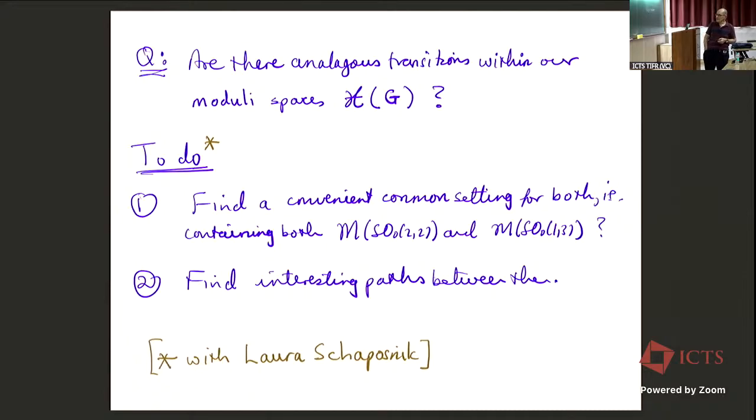And then our vague quest is to find interesting paths between these. This is suitably vague, and there's still not all that much we can say, but I think there are interesting things to look for here.